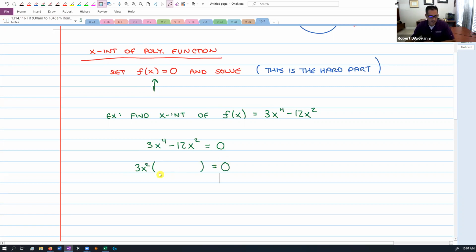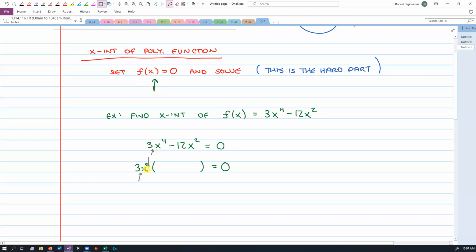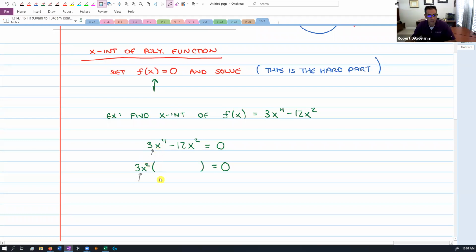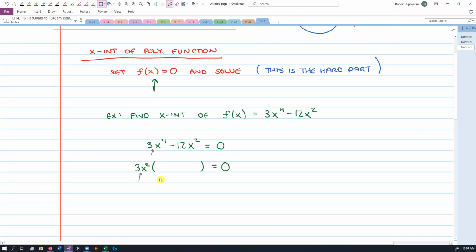If I do that, what would still be in this parentheses? I always ask myself, what would I have to multiply 3x squared by to get that? So what am I missing? I have a 3, right? I have 2 x's, but I need 4. So I'm missing how many? X squared, 2 of them, right? So I need an x squared there.